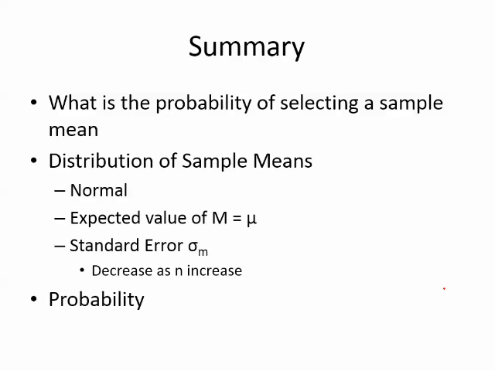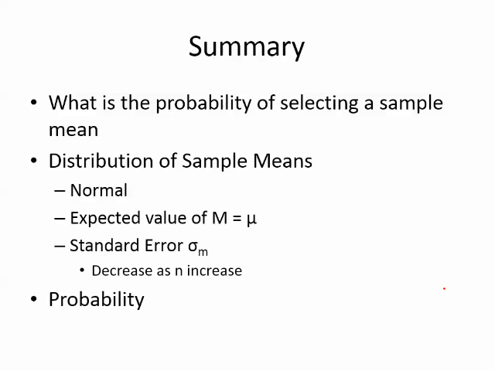Now, the notation is a little bit different, but conceptually, remember, it's exactly the same. What we're trying to do is look at a mean difference and ask how far away that mean difference is from what we expect to find. So it doesn't matter if we're talking chapter 6 or chapter 7, that concept remains the same. We expect to find, on average, sample means to be within that standard error.